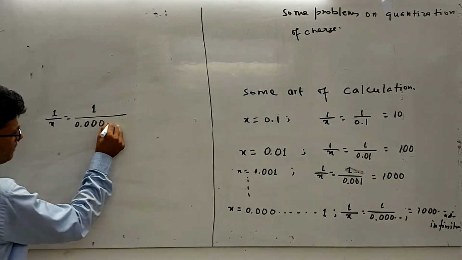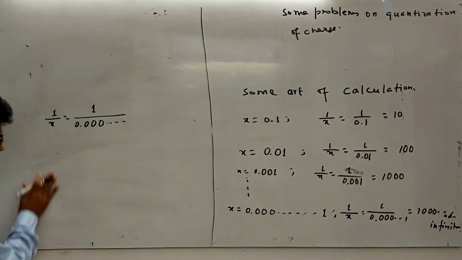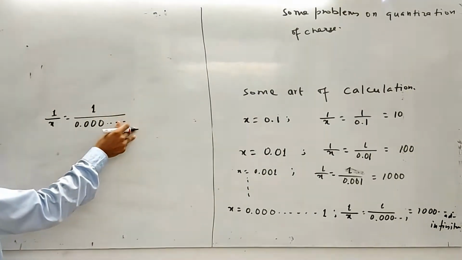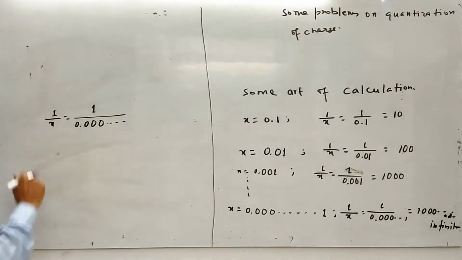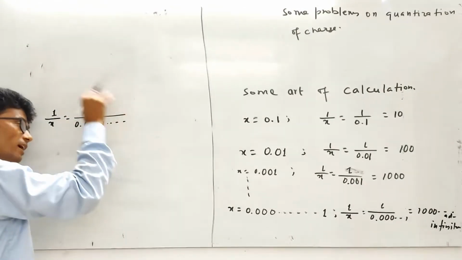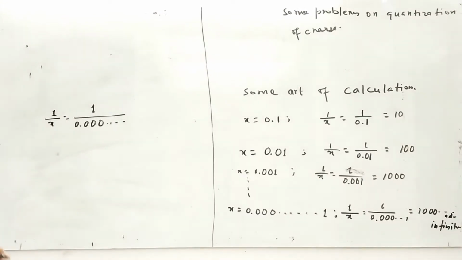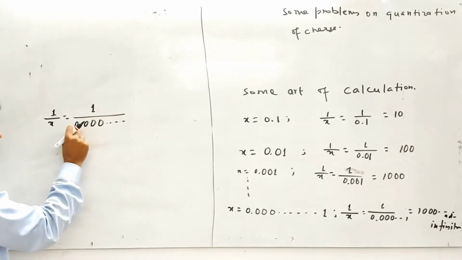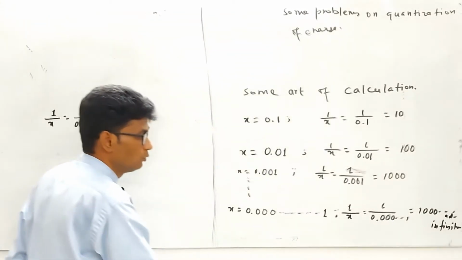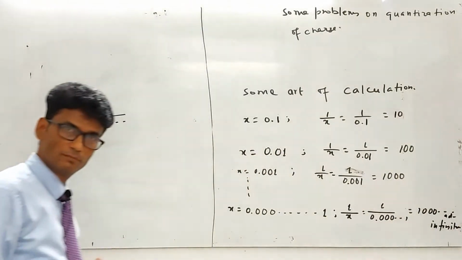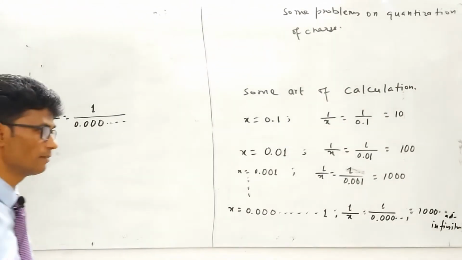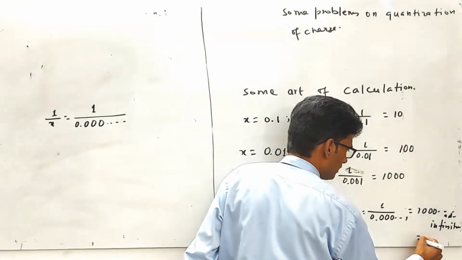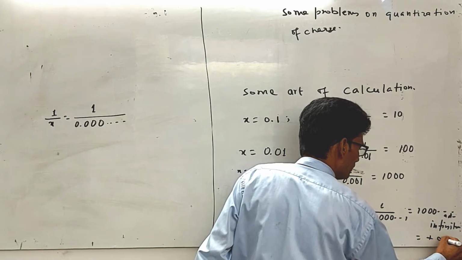So we are going to write the smallest digit after 0, which is 1. If we are not writing 1, there is no way this one is going to shift upward. If we write 1 here, that is the smallest one. You may write 2 or 3, but we write the smallest. If we write 1, then this one will be shifted up and will give a very large number. That large number, in mathematical language, we call plus infinity.